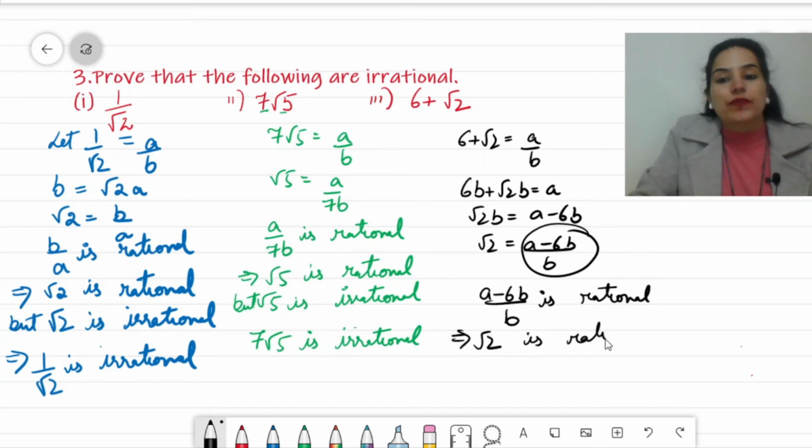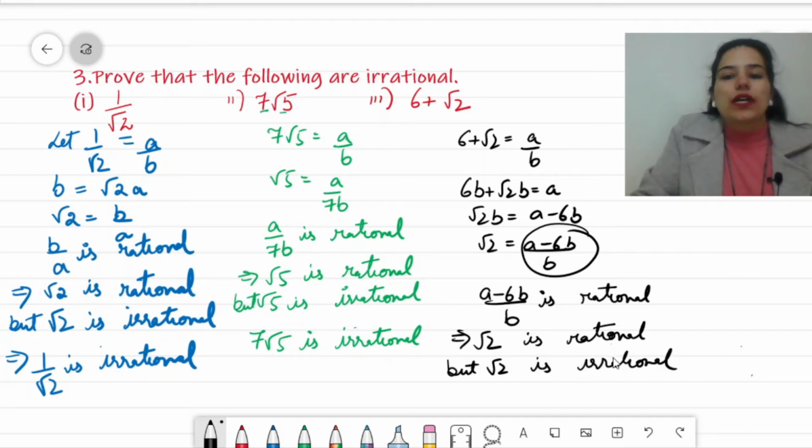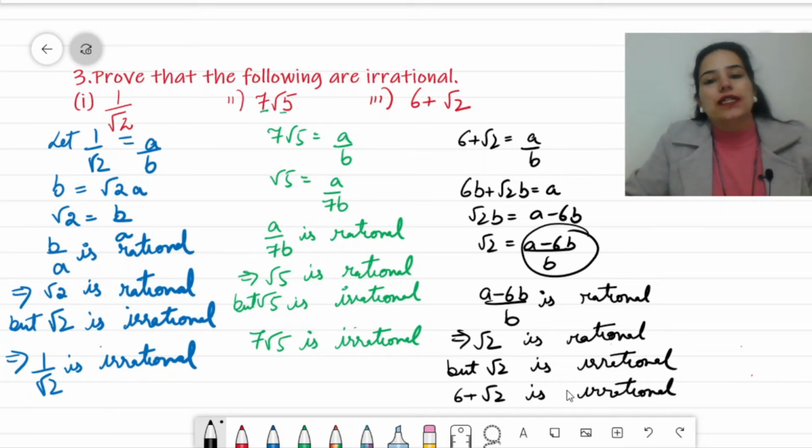It should be rational because there is an equality sign between them. But we already know that root 2 is irrational. That means our assumption was wrong and 6 plus root 2 is irrational. This also makes us conclude that a sum of a rational and an irrational number is also irrational.